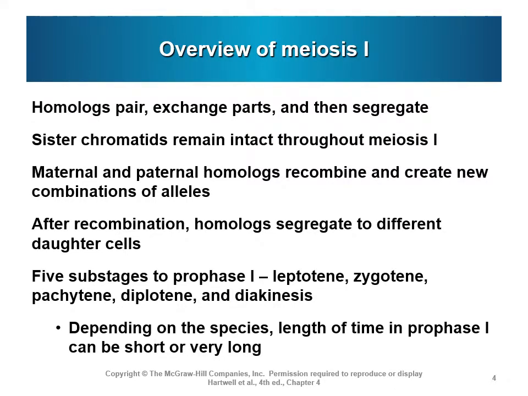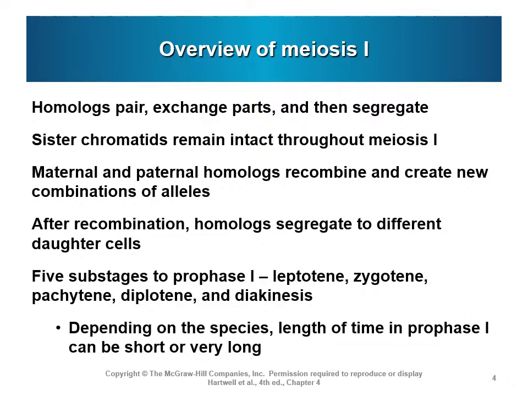Homologs pair, exchange parts, and then segregate. Sister chromatids remain intact throughout meiosis I. Maternal and paternal homologs recombine and create new combinations of alleles. After recombination, homologs segregate to different daughter cells.